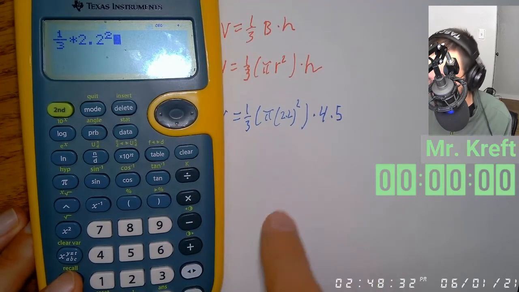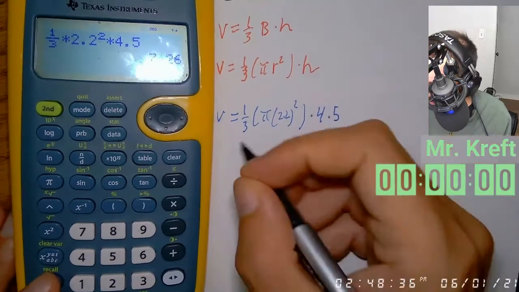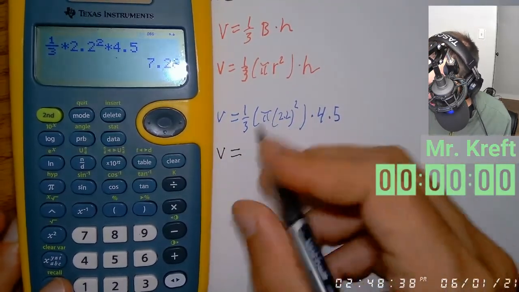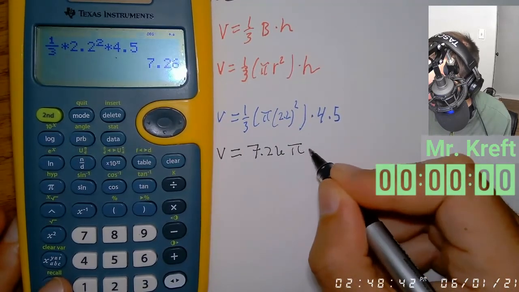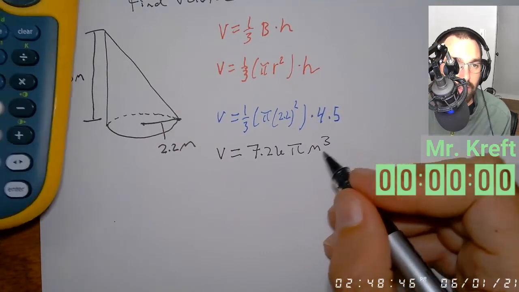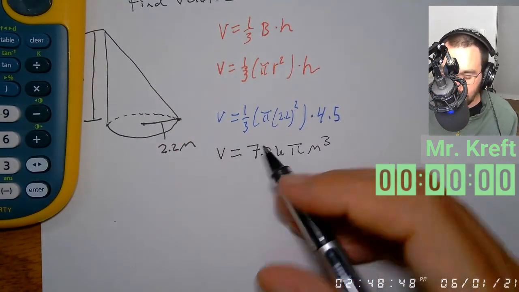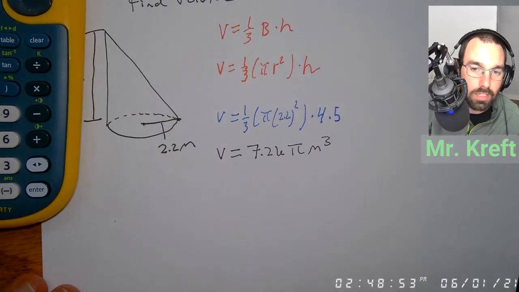Notice how I'm not doing the pi, and then times 4.5. And then what I get is 7.26. So I can say my volume equals exactly 7.26 pi, and then what were my units? Meters cubed.